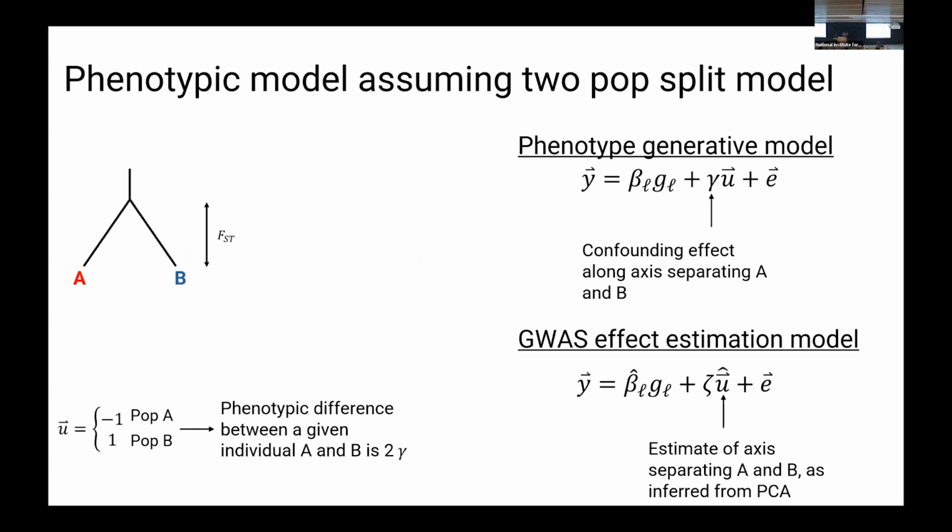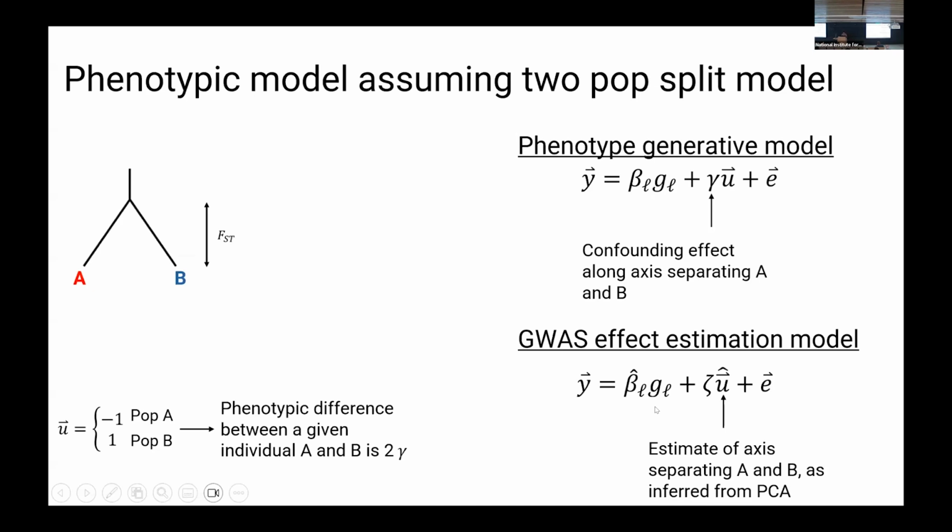There's a split between them at some time t in the past, and so we can use the measure FST, which was mentioned in the talk before me, as a measure of their genetic differentiation. But crucially, at a phenotypic level, the fact that you belong to either population has a phenotypic effect on your trait. So an individual from population A and an individual from population B can have a phenotypic magnitude difference of 2 gamma. So this vector U is the confounding axis.